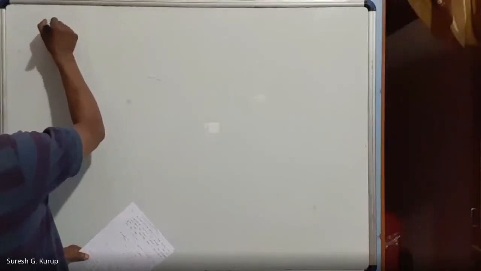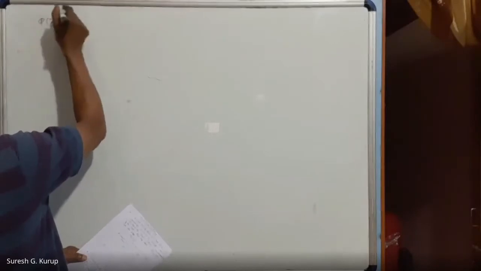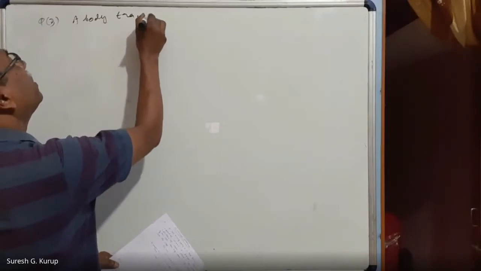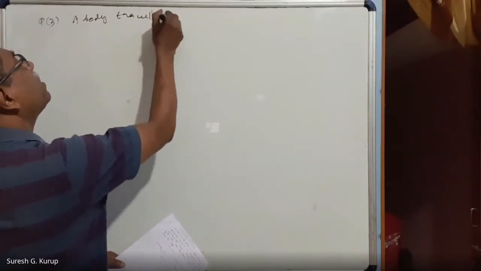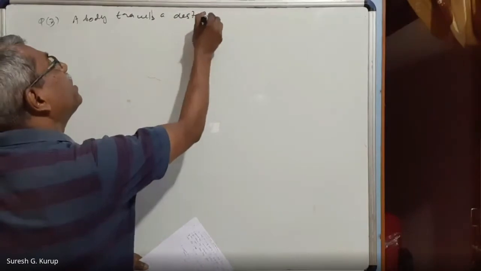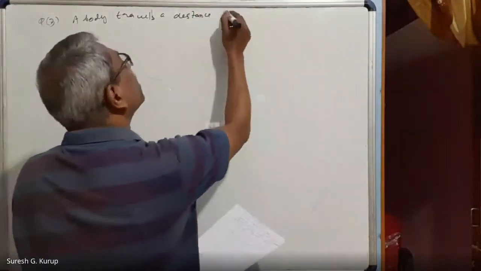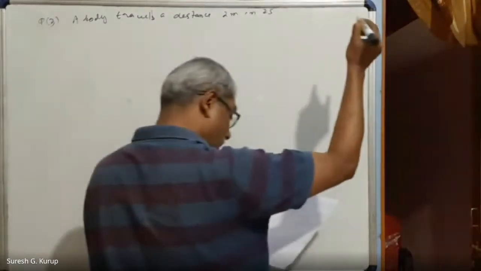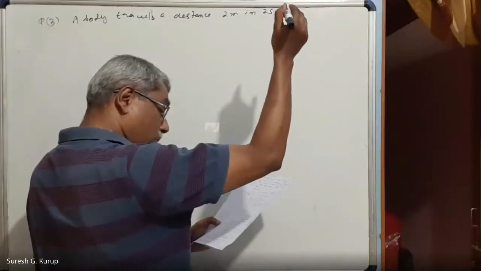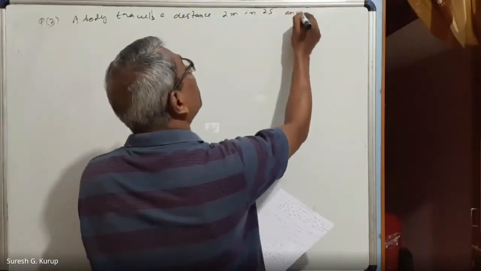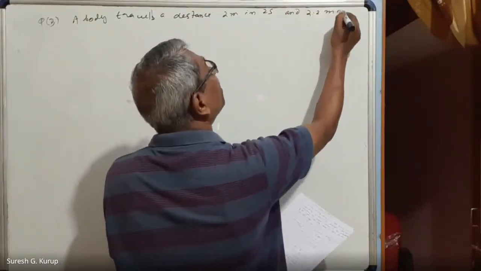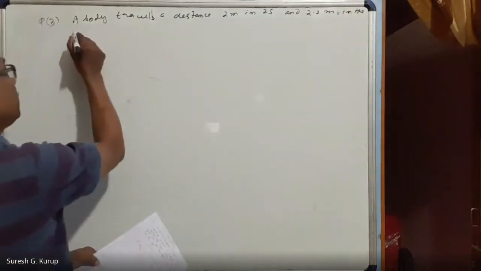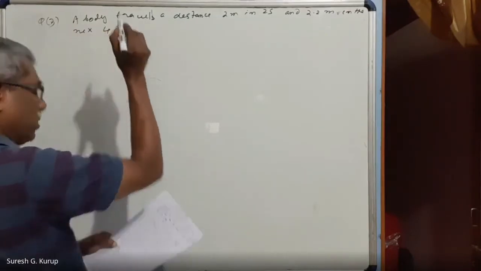Next question I am writing. Question 3. A body travels a distance of 2 meter in 2 seconds, and 2.2 meter in the next 4 seconds.